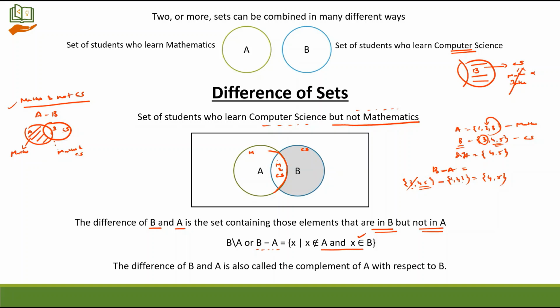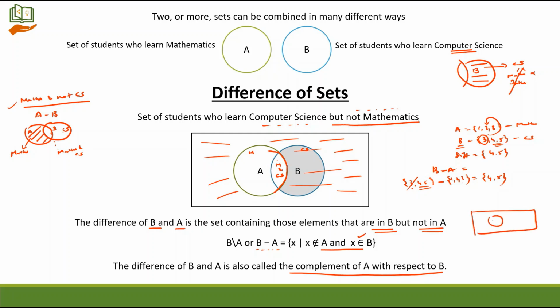The difference of B minus A is also called the complement of A with respect to B. Let's take this to be A. What is A's complement? Except A, everything will be A's complement. This complement of A with respect to B means only B's part is taken, not the universe part. So once again, if I take A complement, it will be anything in the universe.